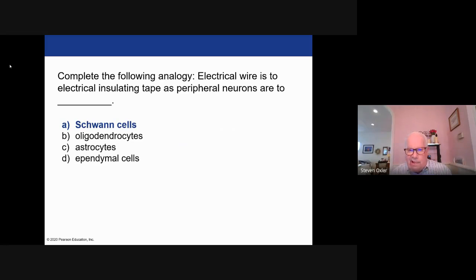In the peripheral nervous system, they're called Schwann cells. But what are they called in the central nervous system? B. Oligodendrocytes. So know the difference. You should know all the neuroglia when you come to the exam on Wednesday, because there are questions on almost all of the neuroglia cells on this exam.